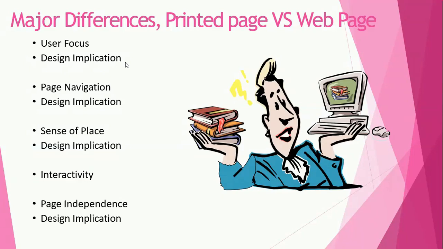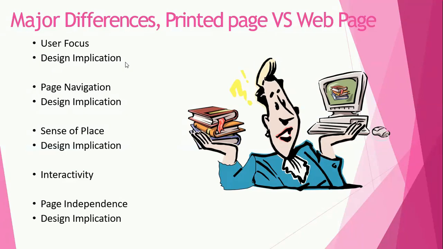The design implication here, when designing a web page, is to build cues into web pages to aid the user in maintaining a sense of place. Okay, so remember this in mind when you design a web page.